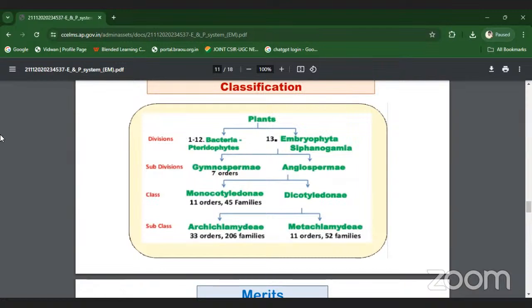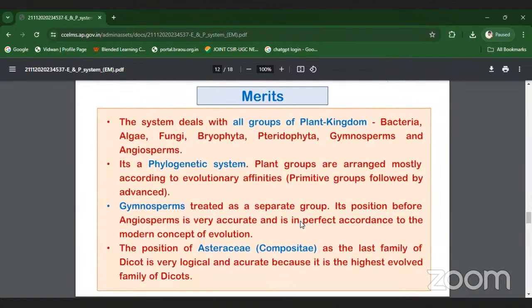That is very good. And the 13th division, Embryophyta Siphonogama. In Embryophyta Siphonogama, gymnosperms and angiosperms. First gymnosperms, next angiosperms. In angiosperms, first monocotyledons, next dicotyledons. In dicotyledons, Archichlamydeae and Metachlamydeae or Sympetalae. Right, so this is the classification. Let's see the merits.